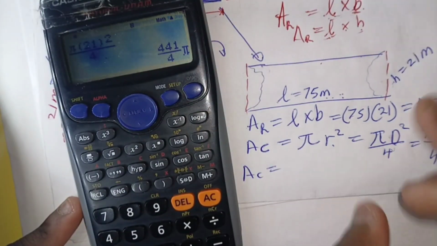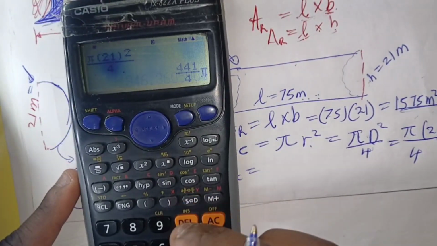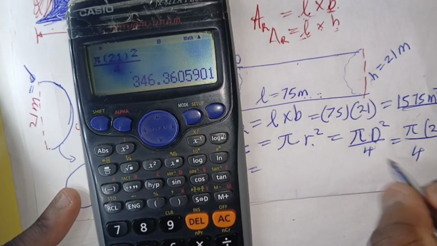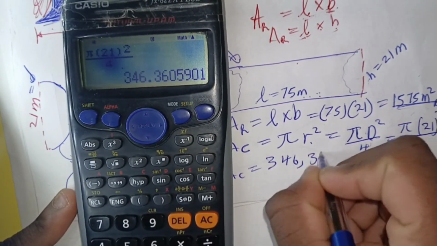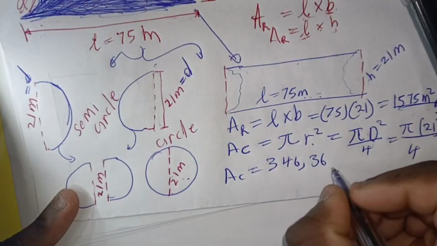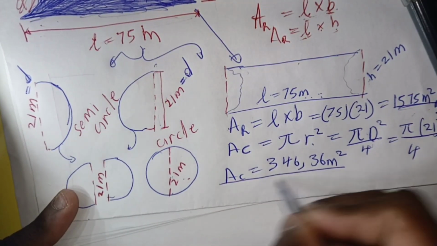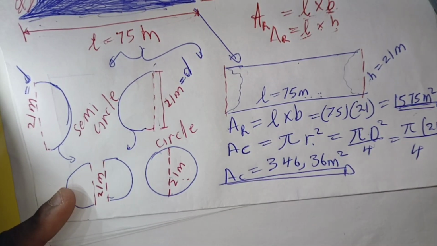So the answer that I got, I just press SD, guys, you will get this answer. Then press SD again, and you get 346. Now in millimeters squared, do you see? So I know the area of the circle, and I also know the area of the rectangle.